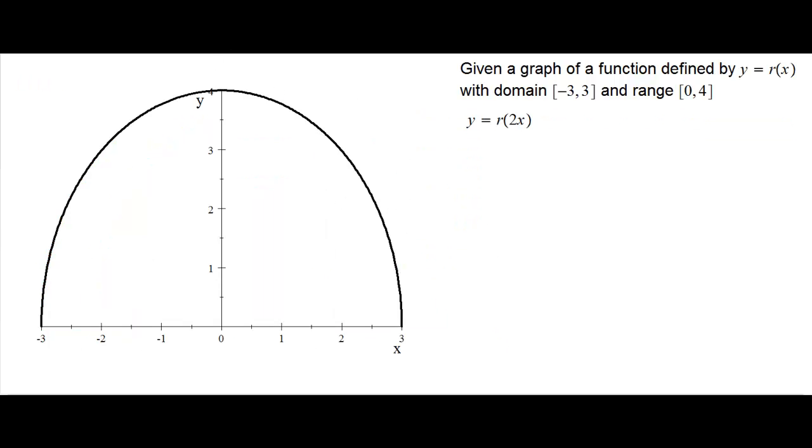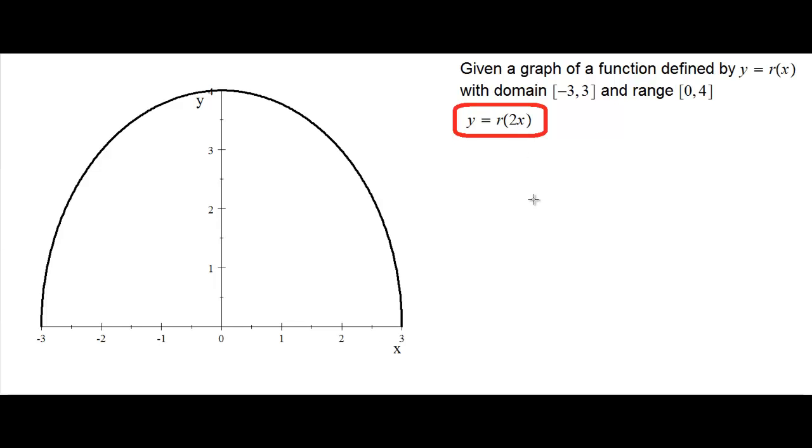Now we will see the transformation when we look at the graph obtained by the equation y equals r of 2x. In this case, we would expect that we are attaining the y values much faster now. That is, we expect this graph to shrink, and that shrinking depends on this factor, as you are going to see.